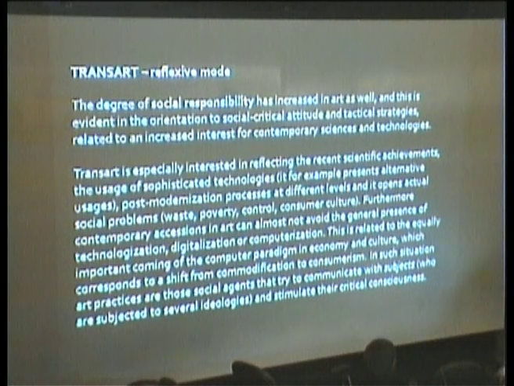And it could be observed that this kind of art is also tending to develop and increase reflexivity, but not in the modern sense of reflexivity about the medium or about the question of what is art or why am I an artwork, as for example was done by the modernists, but about certain problems that the research is about.